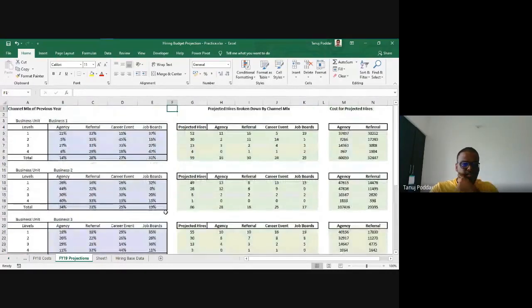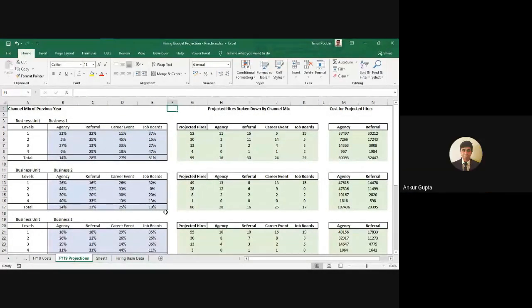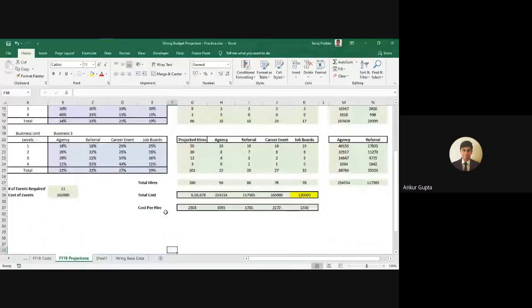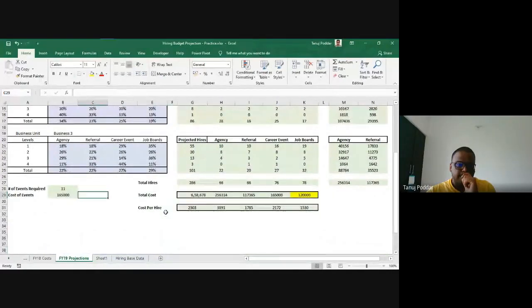Any other questions? Sir, where did you get the career event data, 11? How did you get it? Yes. So basis these calculations, we know what the total number of hires we need to do from career events this year, right? 76. This is basically a summation from all the different businesses, right?